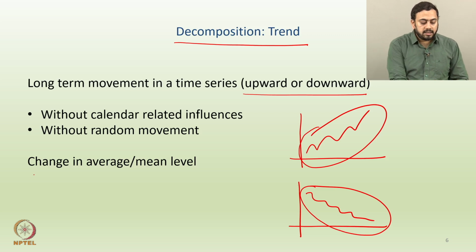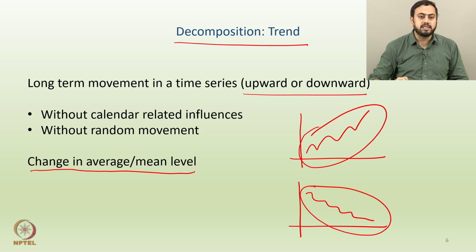Now, to understand this in an easier way, what exactly do you mean by trend? Trend is nothing but a change in the mean level or a change in the average level. And can you see that through both these graphs? Initially just think in your minds that the overall mean of the data would be somewhere here, right. But as you progress down the timeline, the mean keeps on changing.